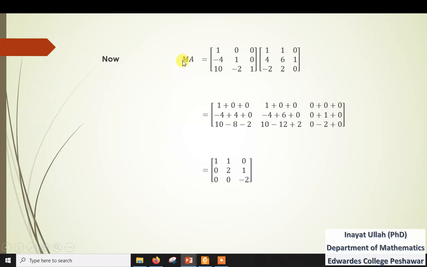So this matrix M performs all those three steps at once to convert this matrix A into an upper triangular matrix. So that is the whole story, how we could apply elimination matrices on a matrix to convert it into an upper triangular matrix, and then combine all those elimination matrices to perform those three operations in a single operation.